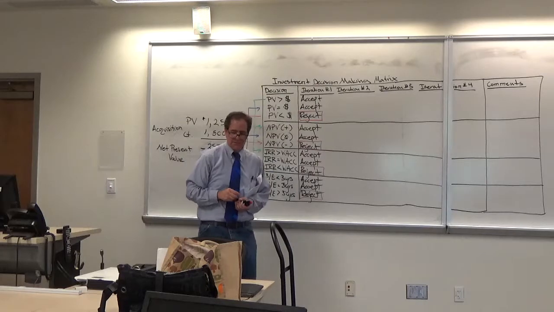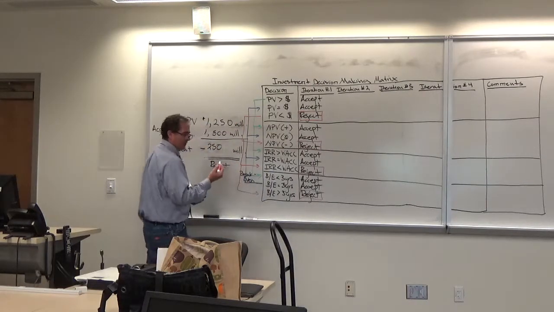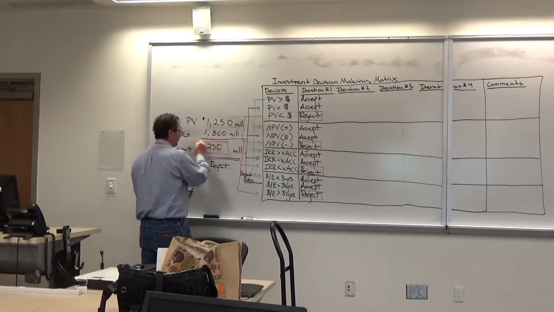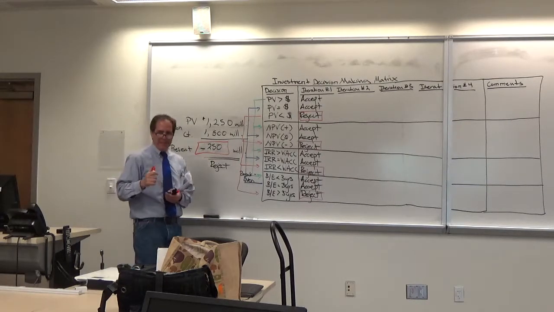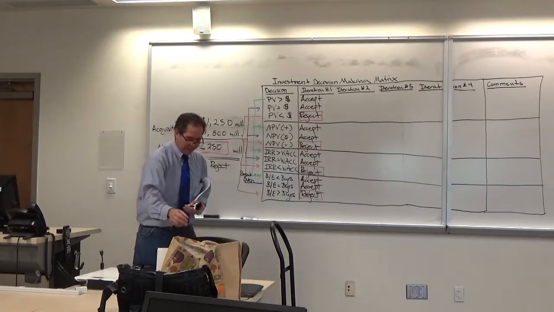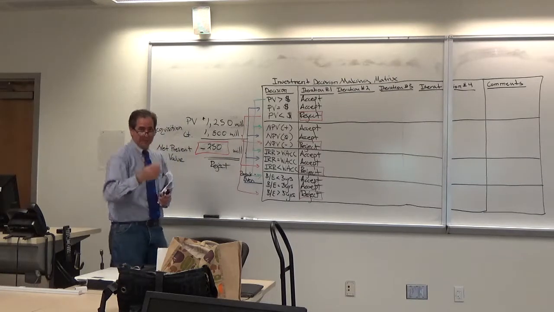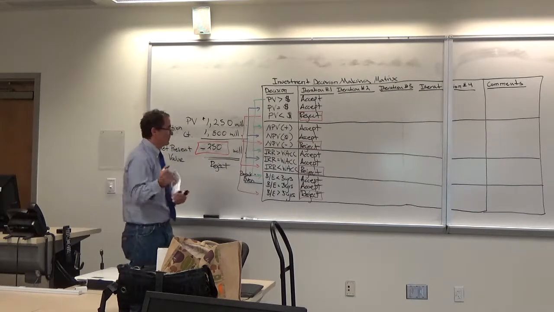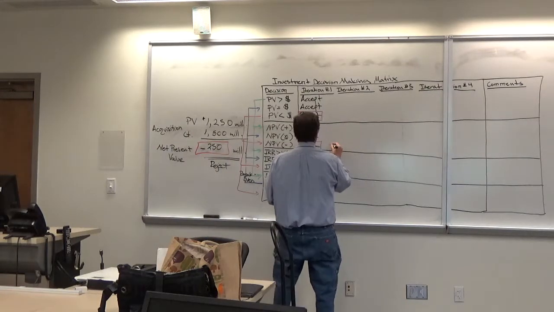At least the negative value of, you got it. So I go back and get a price reduction in the amount of the negative 250. And if I got a price reduction in the amount of the negative 250 or more, what would be my net present value? Either zero or positive. Zero or positive, and would I accept or reject? Exactly. Got it. So basically what we do is we ask for a price reduction.